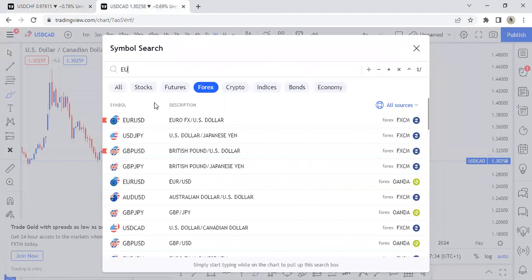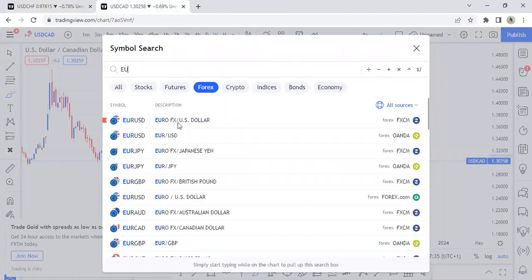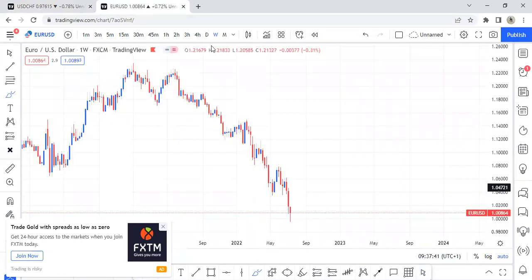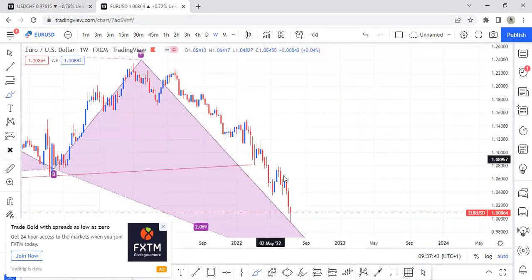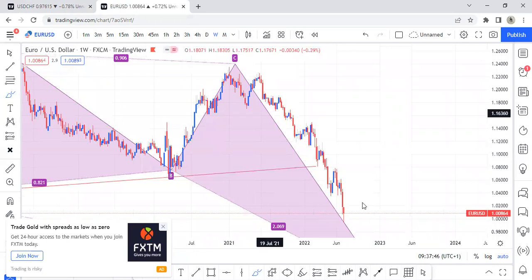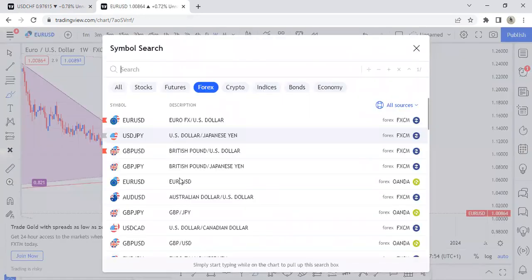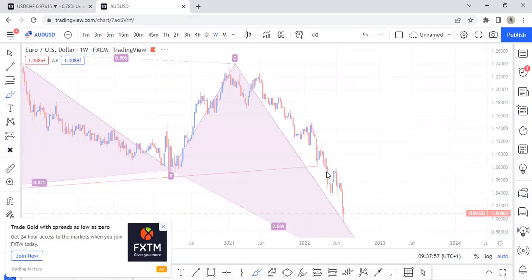For instance, look at EURUSD. EURUSD broke a 20-year record. Look at the weekly time frame, that's been bearish. You can see that's been bearish because the USD has been strong. Look at the British pounds against the US dollars, it has also been bearish, right? Let's check AUDUSD.